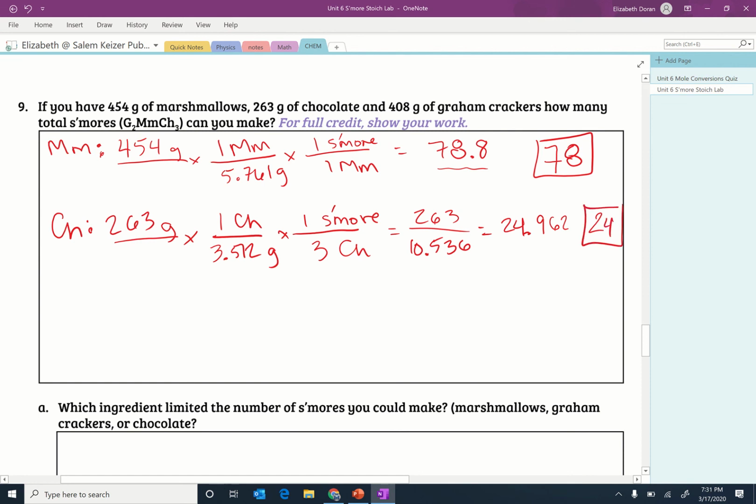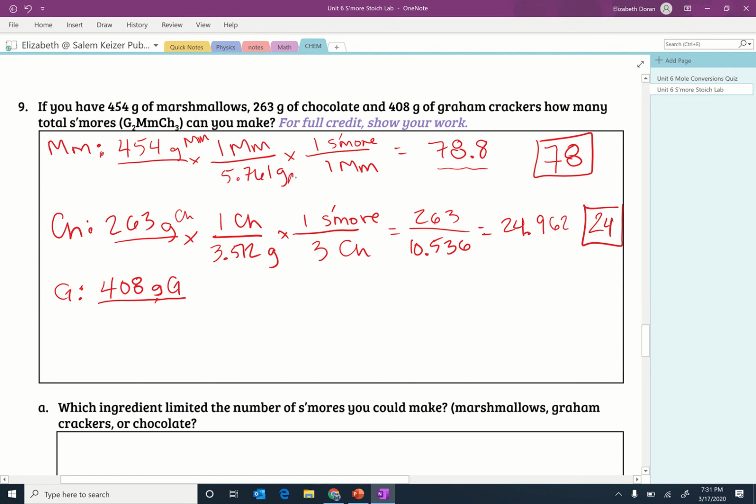Okay, so definitely the chocolate is going to limit if it's between the chocolate and marshmallow, but let's take a look at how many s'mores we could end up making with our 408 grams of graham crackers. So we start with 408 grams of graham cracker. I should be a little bit more explicit here: this is grams of graham cracker, this is grams of chocolate, this is grams of marshmallow.